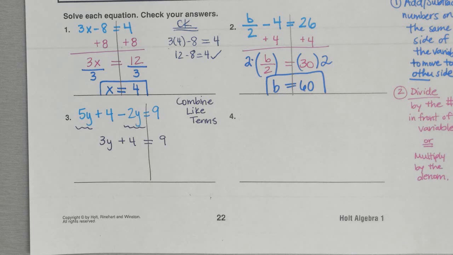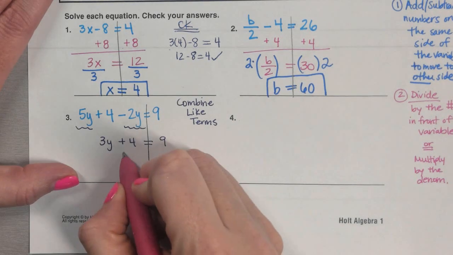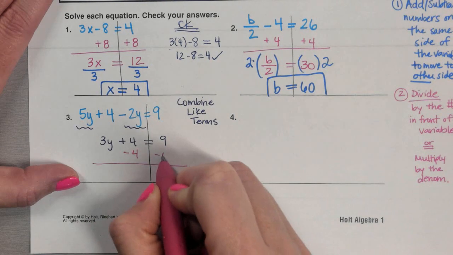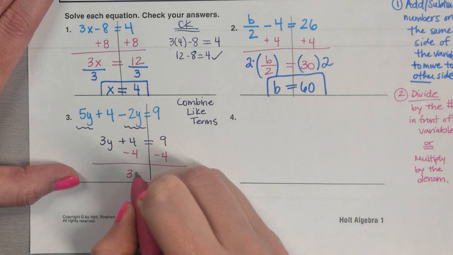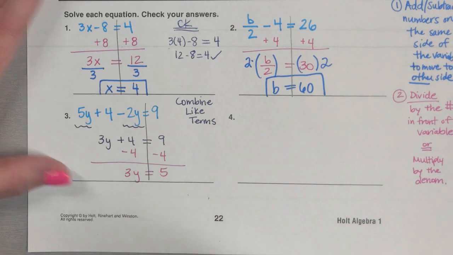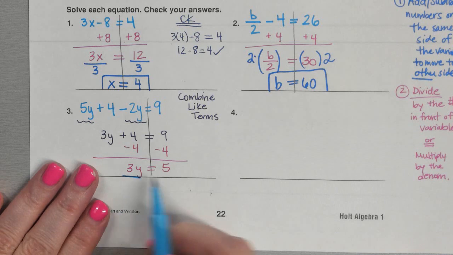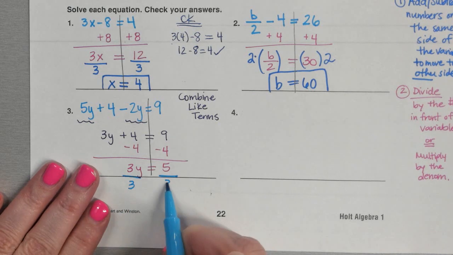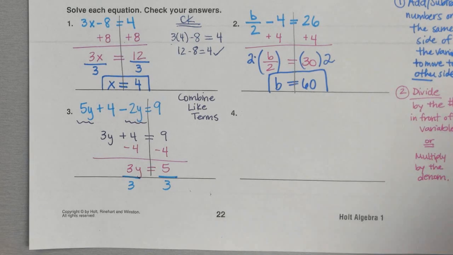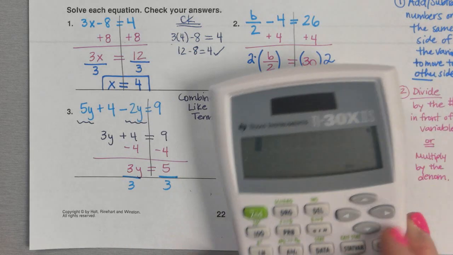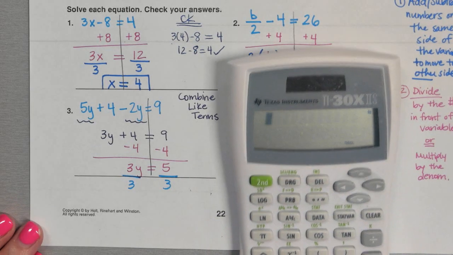Once you've subtracted the 4, and it looks like several of you were able to do that without me, so 3y equals 5. Now, your last step is to do what on both sides? Divide by 3. Now, when you do that, this is where I've noticed sometimes we just need some extra help.